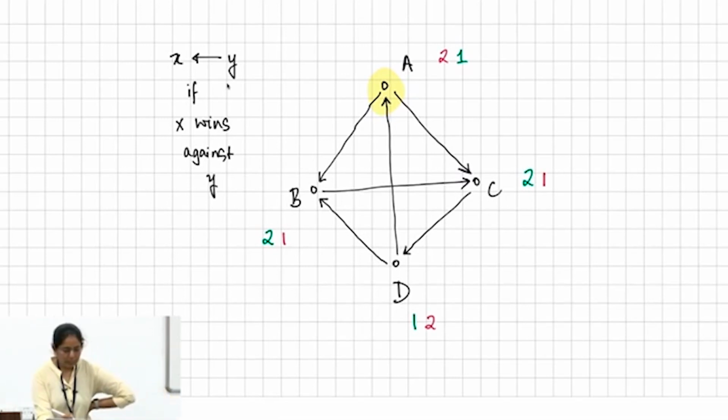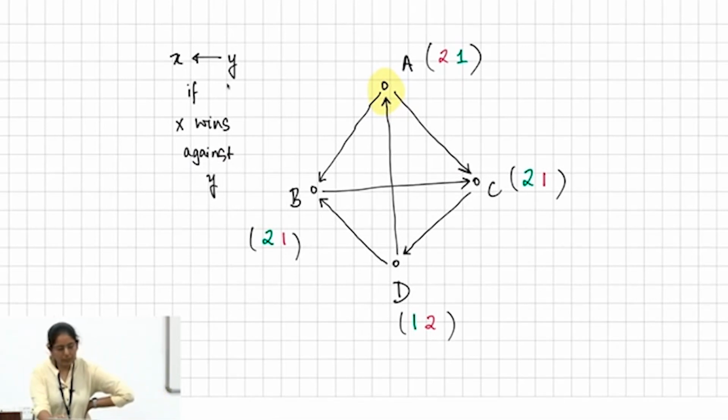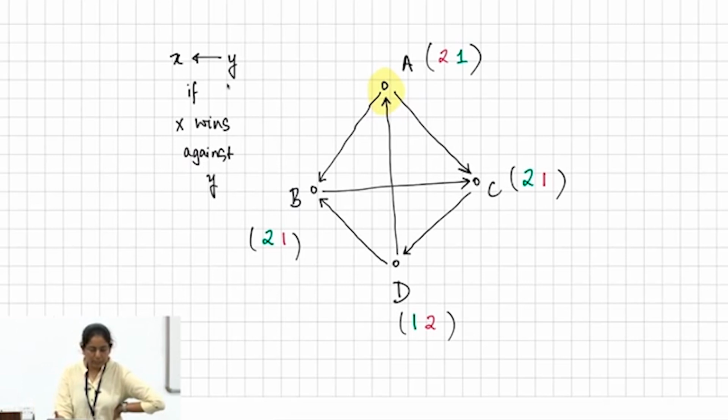So this is sort of the situation. These wins and losses, can you convert this information into some sort of a score and come up with a voting rule based on that?